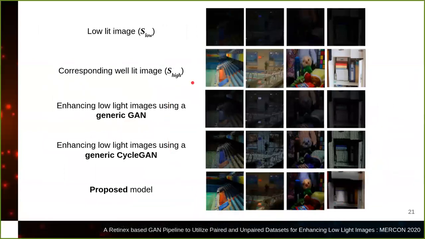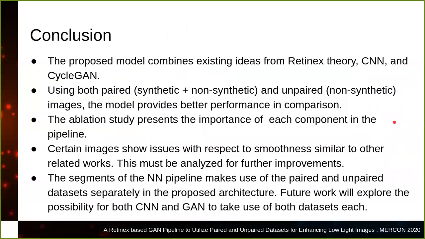In conclusion, we have proposed a method that combines ideas from Retinex theory and CycleGAN, and we use paired and unpaired images, and we show better performance. We have done an ablation study of the inner workings of the neural networks in the paper, like what happens in different layers and whether our intuition about these different components is true, whether they work as we planned.